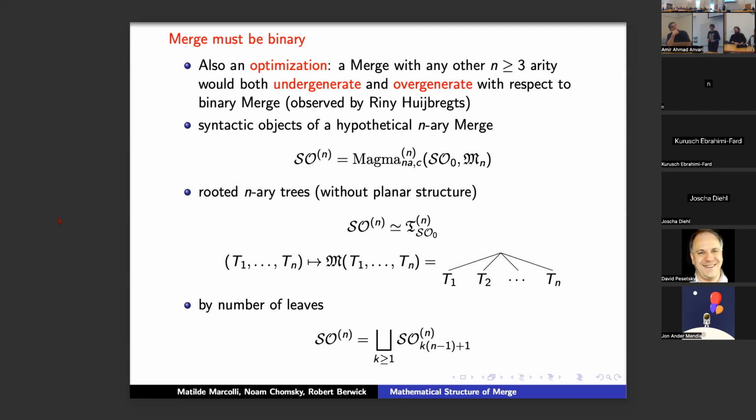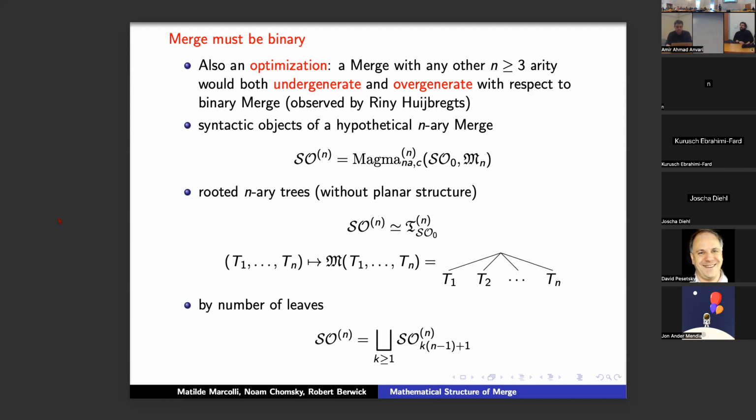So it's the same thing: you can count the union of all those that have a certain number of leaves. But the first thing you will notice is that the binary trees are the only ones for which you can have any number of leaves. Any other n-ary merge will have a constraint on the number of leaves.